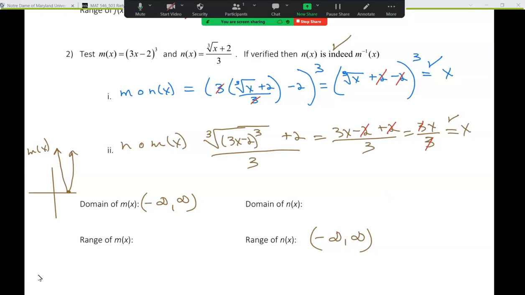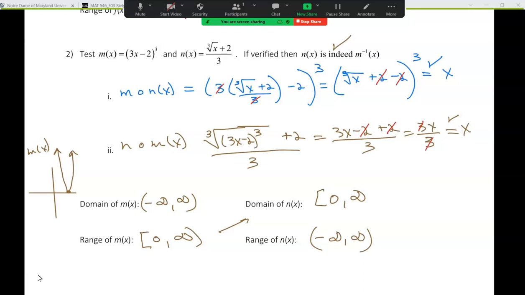If you moved over to the right 2, then you are going to start at an x value of 0 and go to infinity. That's going to be also your domain of the inverse function, 0 to infinity. Okay, and there we have it.